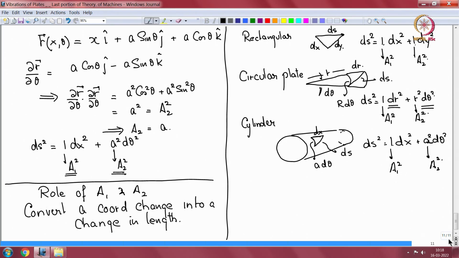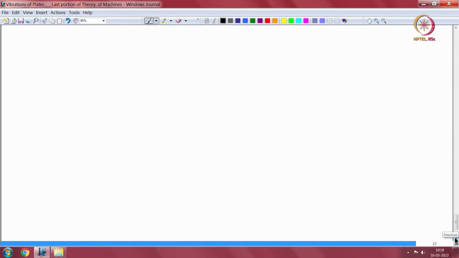Okay, so the next idea is related to the unit normal to a surface and what is called the second fundamental form.